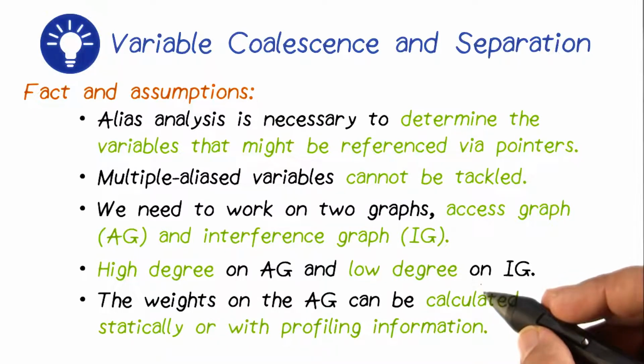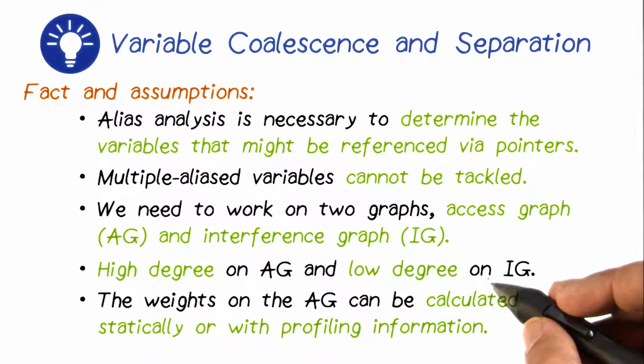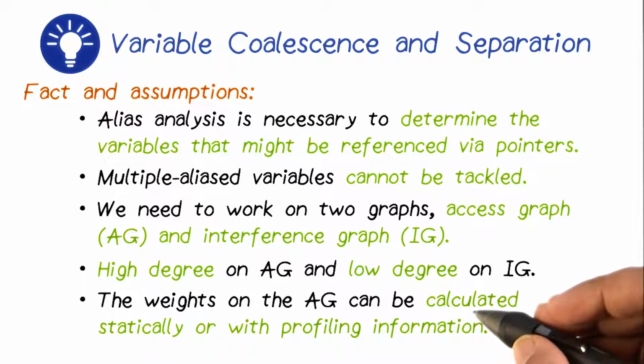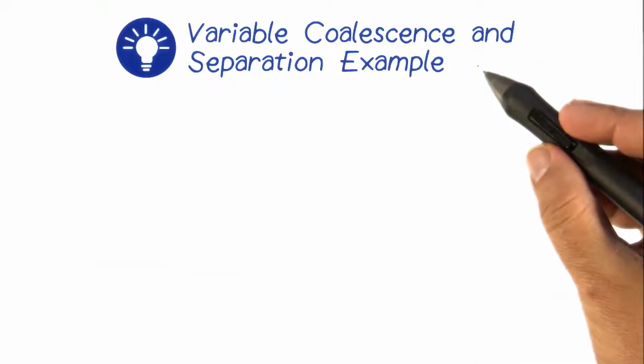Again, refer to the instructor's manual for the details of the algorithm and the paper which is giving all these details. The weights on the access graph can be calculated statically or with the profiling information. So there are two approaches which are given in the paper which allow you to select the right candidates for coalescing.